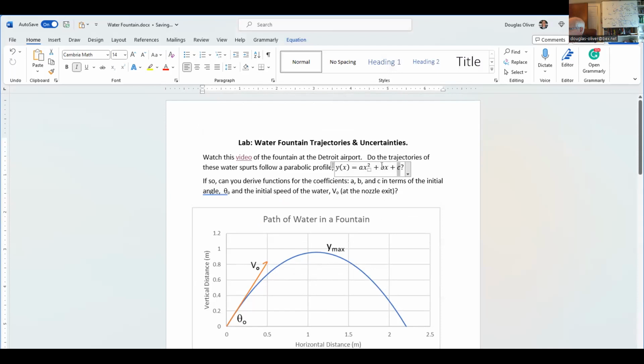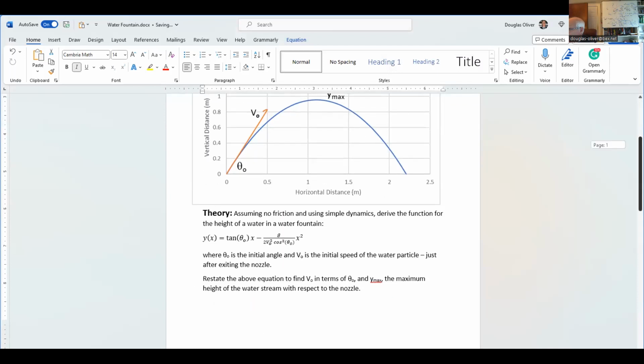So c goes to 0, and we just have to find what b is and what a is. And let's see, here we have b is just tangent of theta, the initial angle. And minus g, the gravitational constant, over 2v squared cosine squared theta naught.